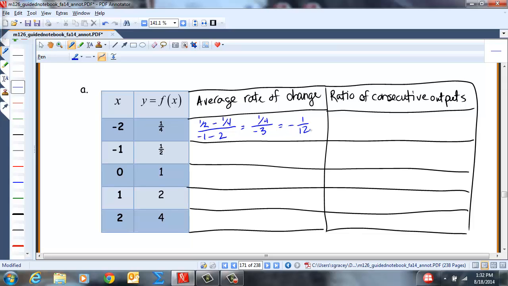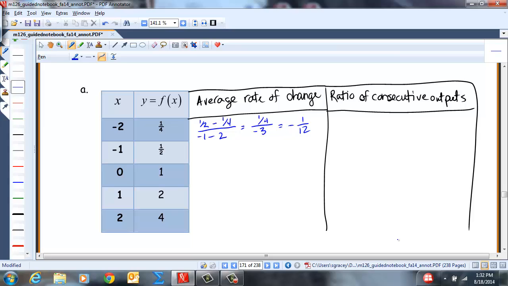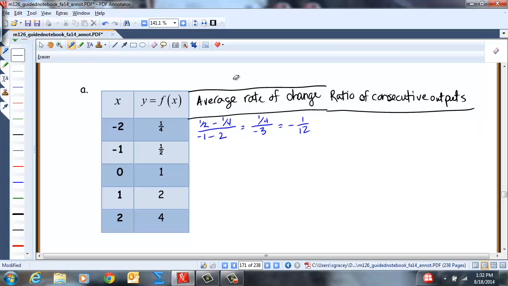We don't need it columned like that. This will work better.